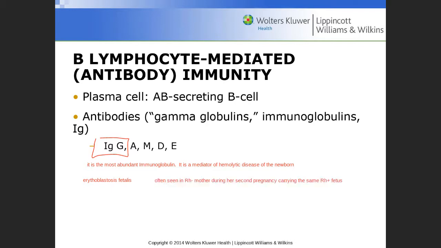Okay. Now, in general, let me write this down. IgG is the only antibody that can cross the placenta.